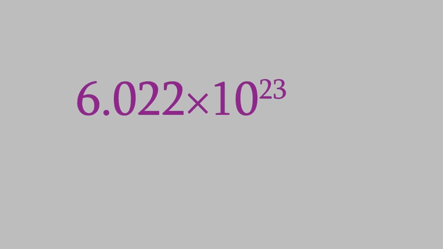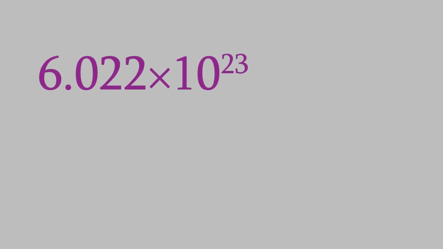Avogadro's number also has units, and we can express the units in a couple of different ways. As I said, it's the conversion factor between AMUs and grams. In other words, there are 6.022 times 10 to the 23rd AMUs in every gram. So Avogadro's number has units of AMU per gram.